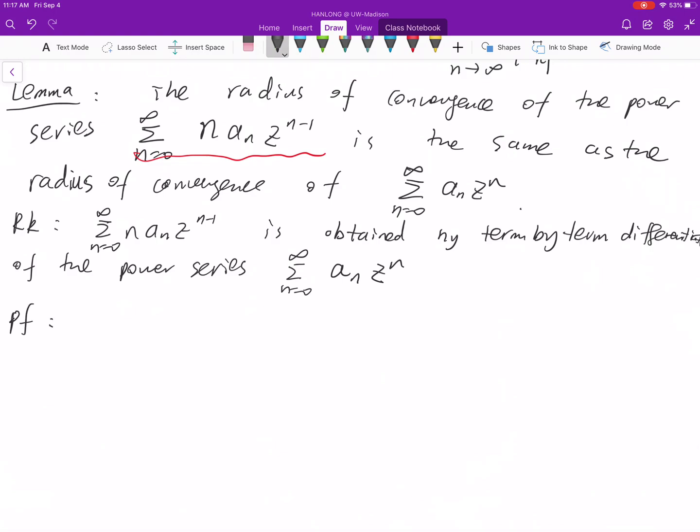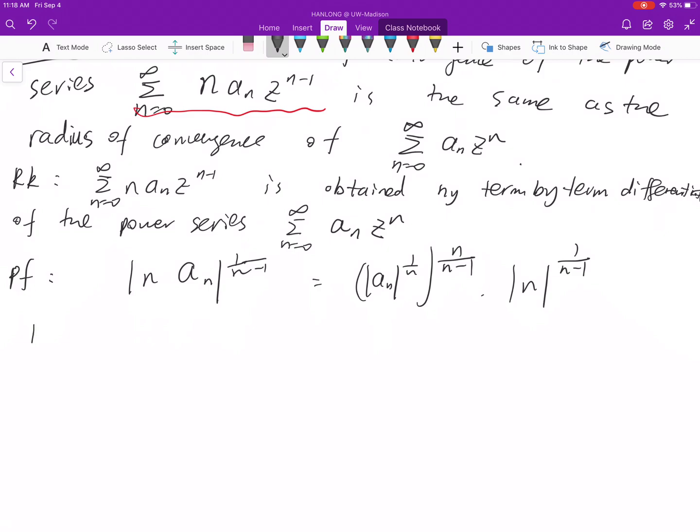Okay, the proof is very easy. Recall that the absolute value of n times a_n to the 1 over n minus 1 equals the absolute value of a_n to the 1 over n's power times n divided by n minus 1 times n to the 1 over n minus 1. And then you take the lim sup.